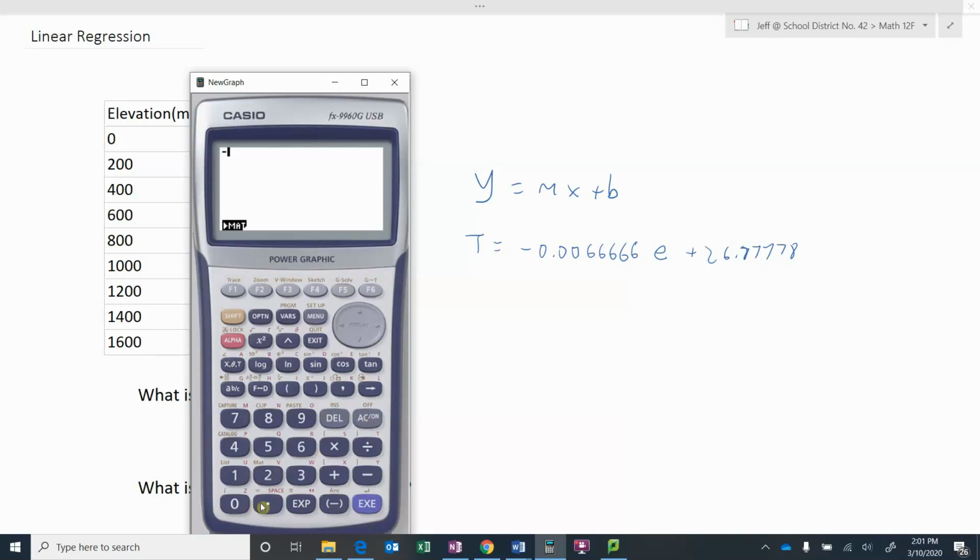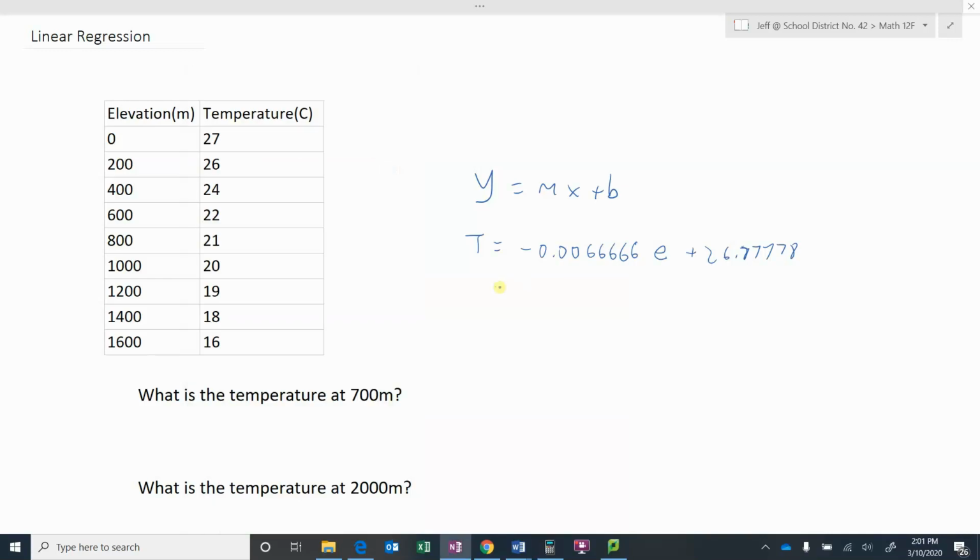So negative 0.00666666, those are just a bunch of repeating things, times 700 plus 26.77778 gives us a temperature of 22.11. So that is our approximation using our linear model.